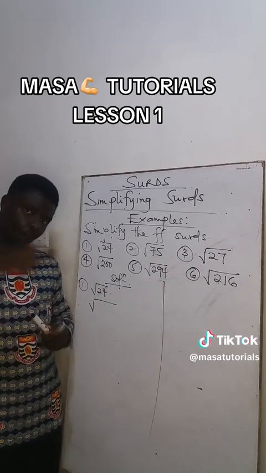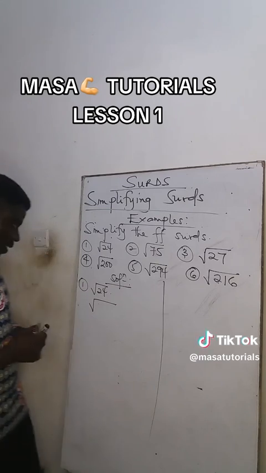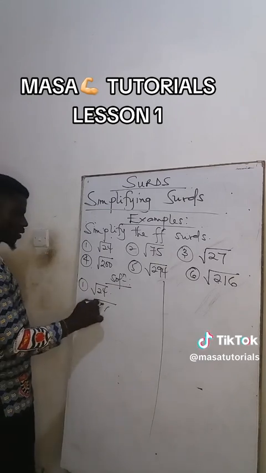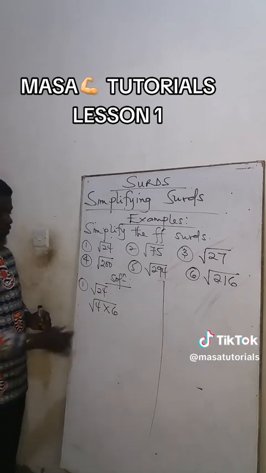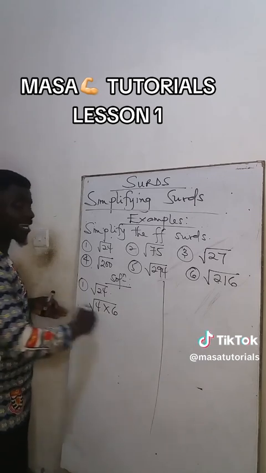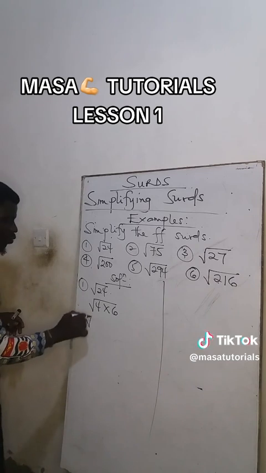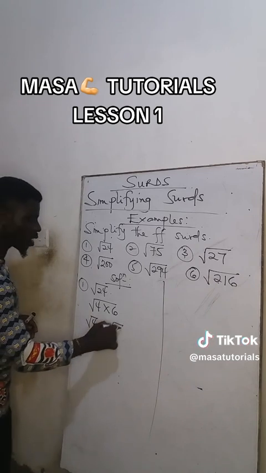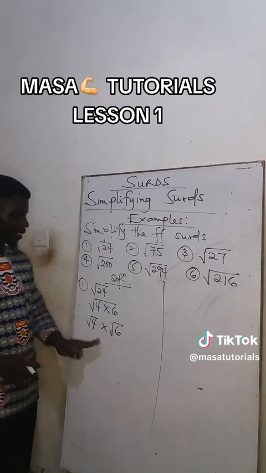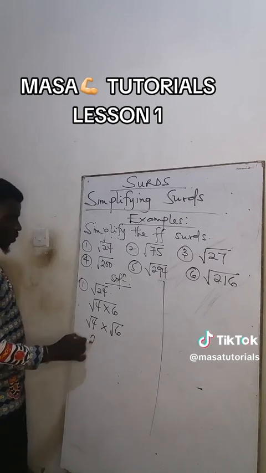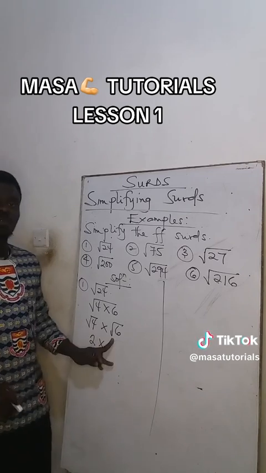Don't forget, 4 is a perfect square. So we take that. Now, we split this because it is multiplication. We can split it so that we have square root of 4 times square root of 6. Now, square root of 4 will give us 2 times square root of 6.